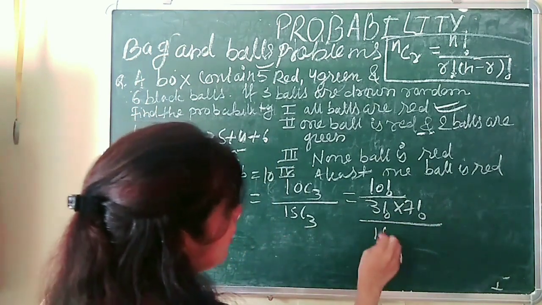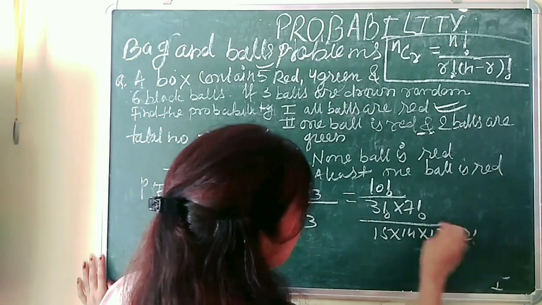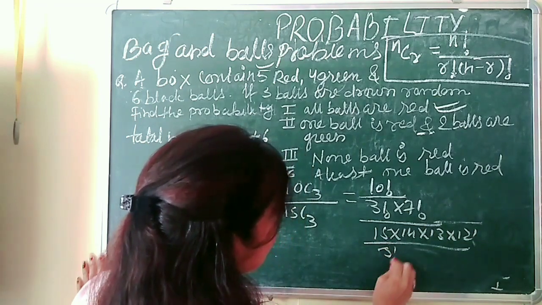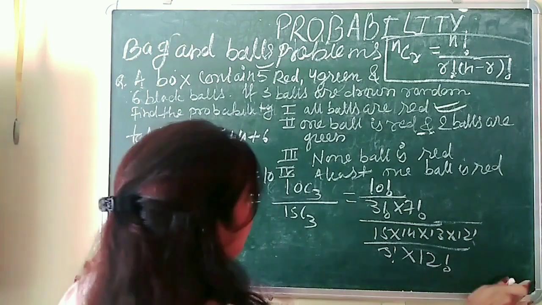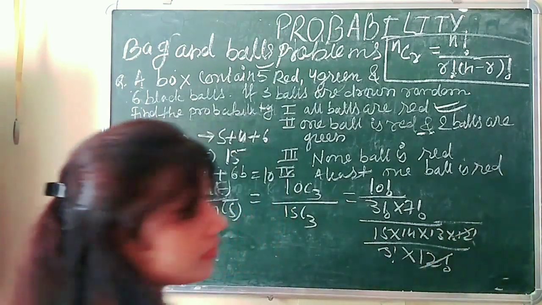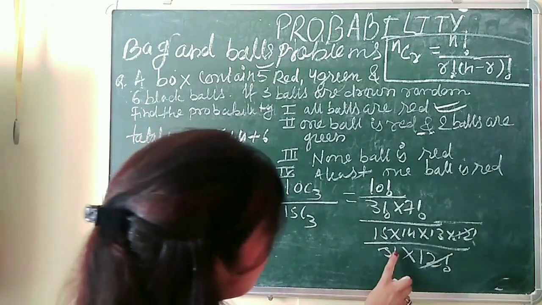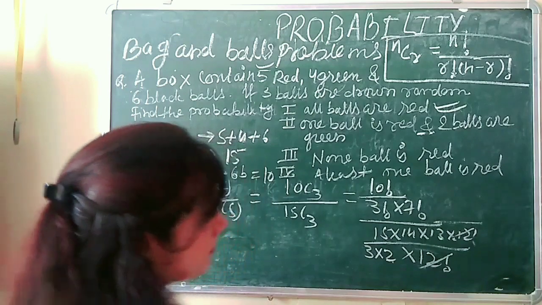And it will be 15 cross 14 cross 13 cross 12 factorial upon 3 factorial cross 12 factorial, because 15 minus 3 is 12. So this 12 factorial will be cancelled out. And this 3 factorial will become 3 cross 2. Okay.